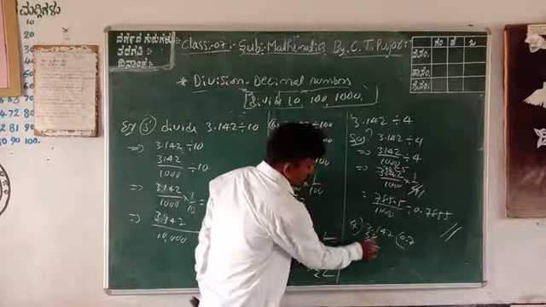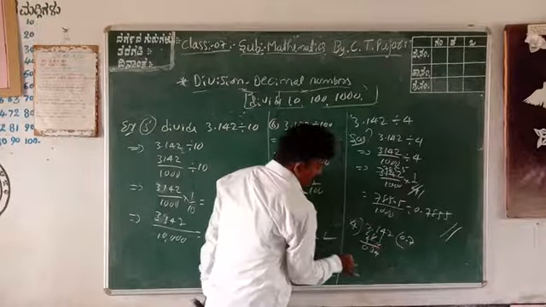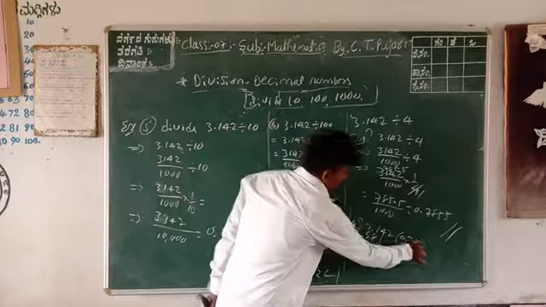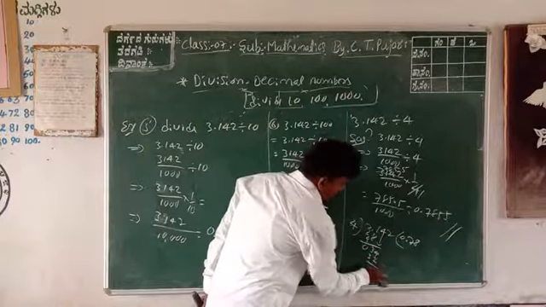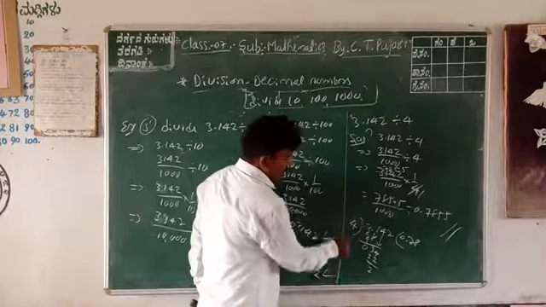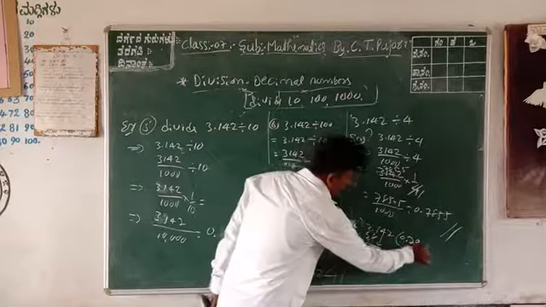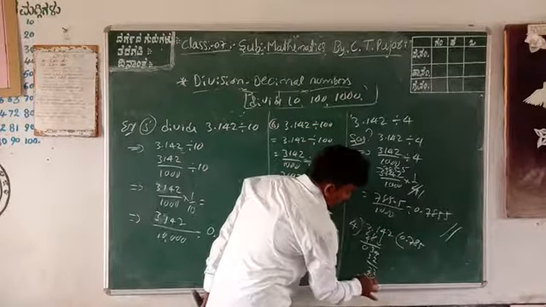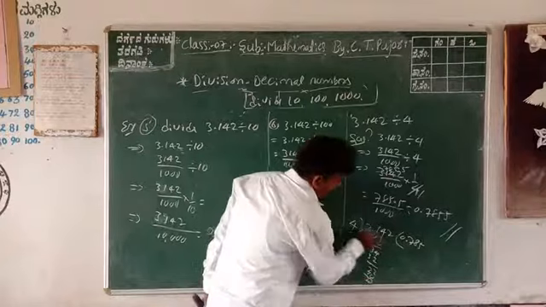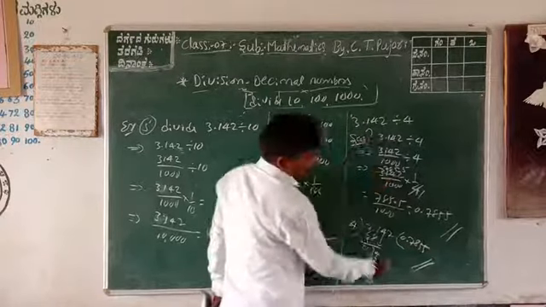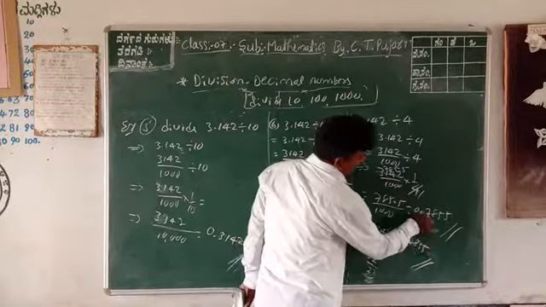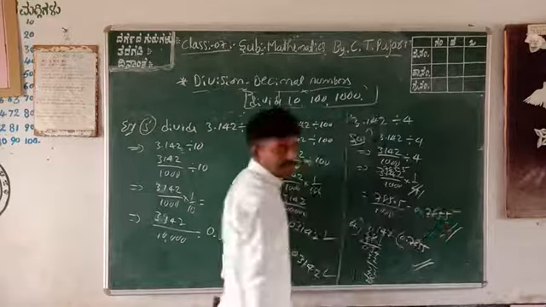Next 0, next you can take 4. 4 eights are 32, remaining 2. Next 4 fives are 20, remaining 2. Again you can take 0. 4 fives are 20. The answer is 0.785. 0.785 is your answer. Got it?